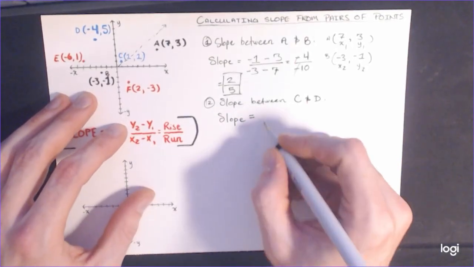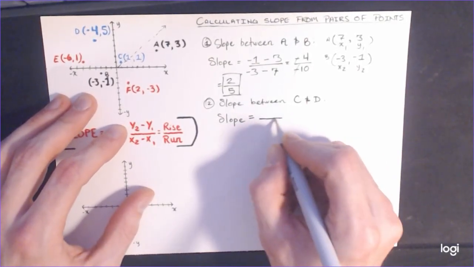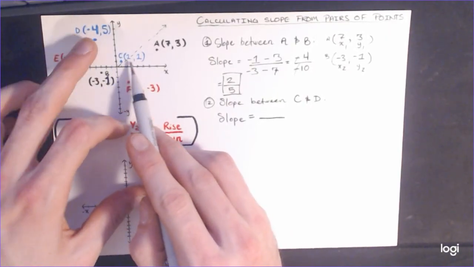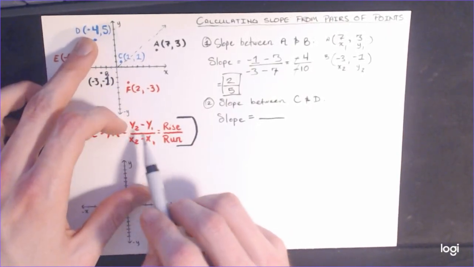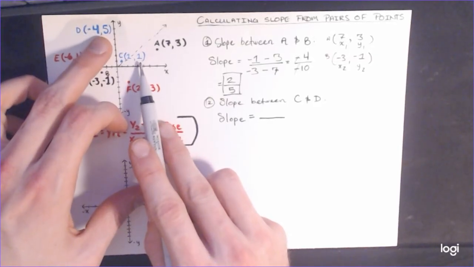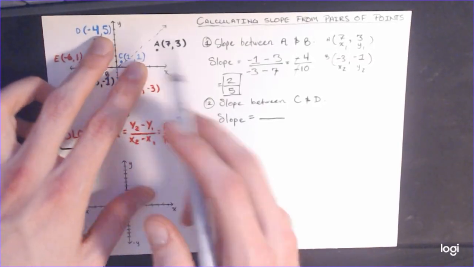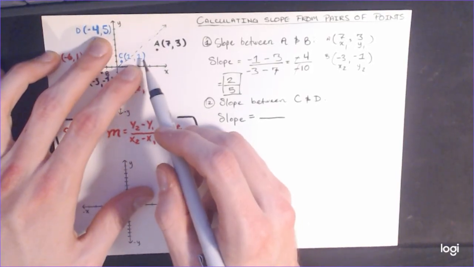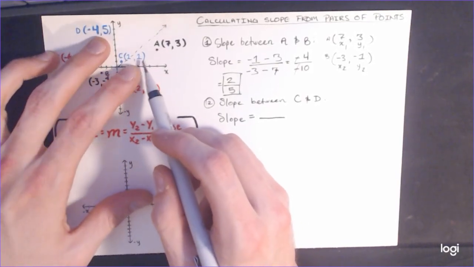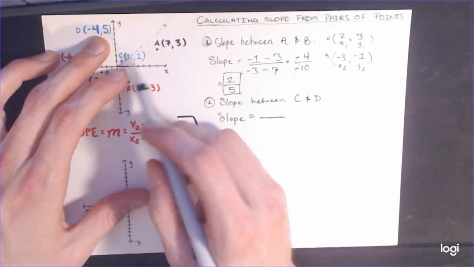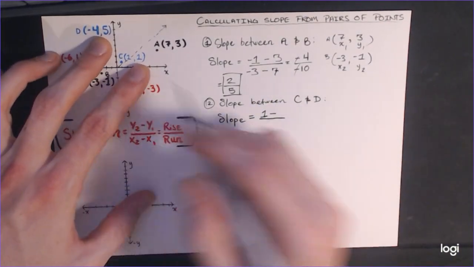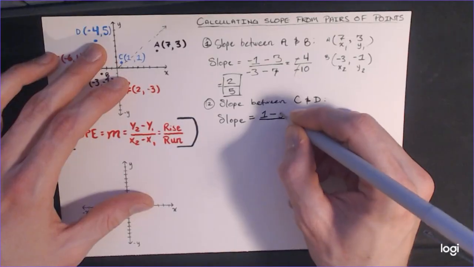The difference in the y's goes on the top of this fraction. So remember, we're looking at these blue points here, C and D. The first numbers are our x values, and we're looking for the y values. So right here. So since we go from left to right, I'm going to call point D 1 and point C 2. So this y value of our second point is our y2. So it's going to be 1 minus the y value up here, 5.